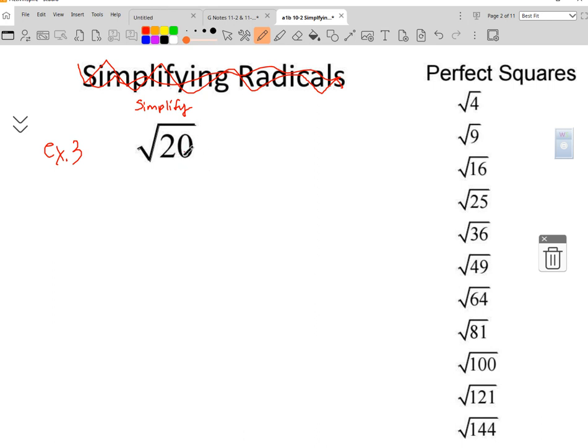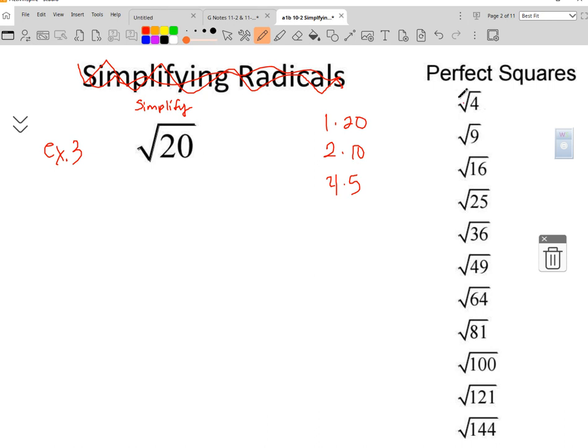So the factors of 20: 1 and 20, 2 and 10, 4 and 5, and that's all the integer factors of 20, right? Are any of these factors a perfect square?